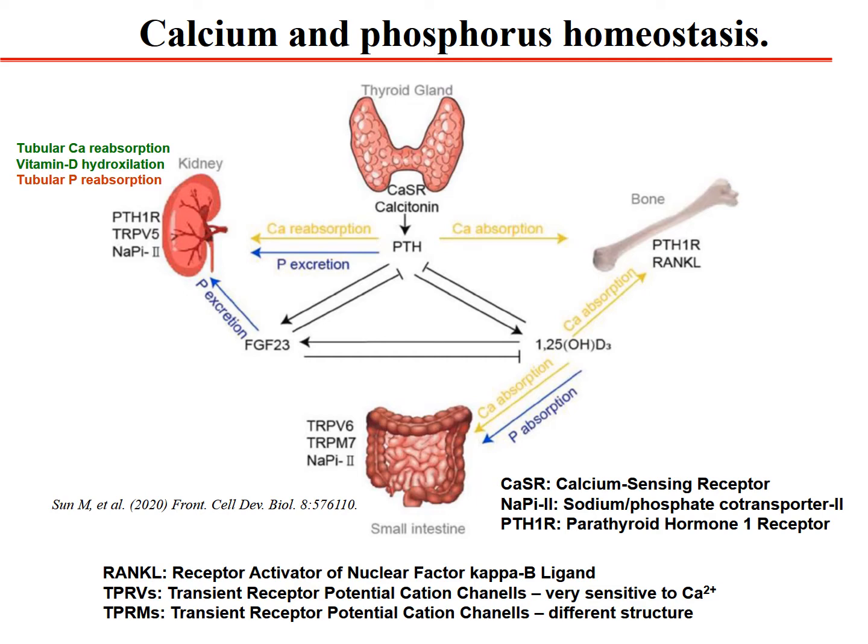So we do have at least 2 feedback loops for the FGF. We have the PTH, and we do have the effect of the vitamin D as well. And the vitamin D has a direct effect to regulate or inhibit the PTH release.